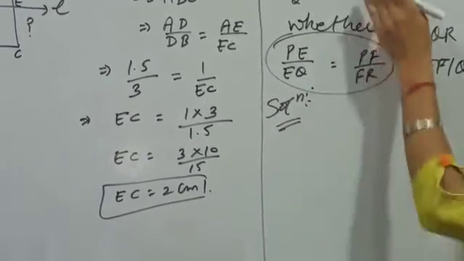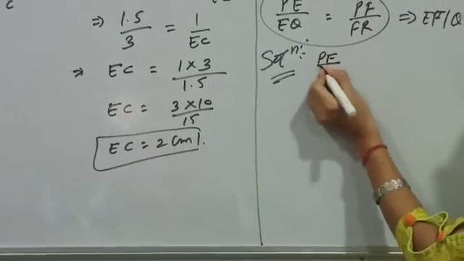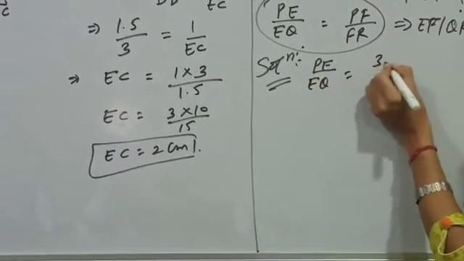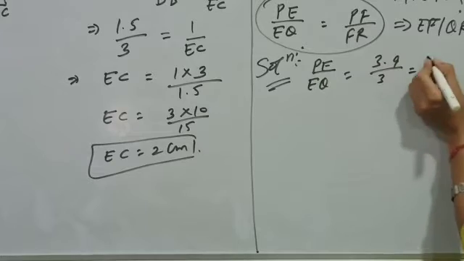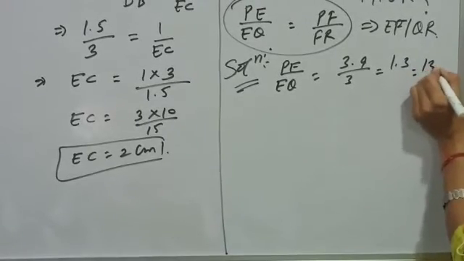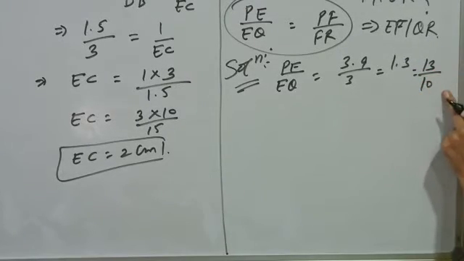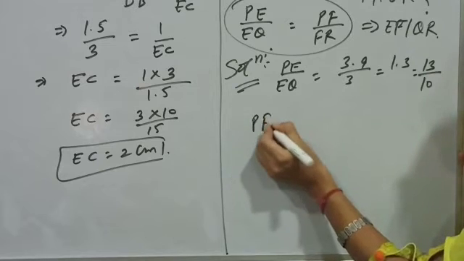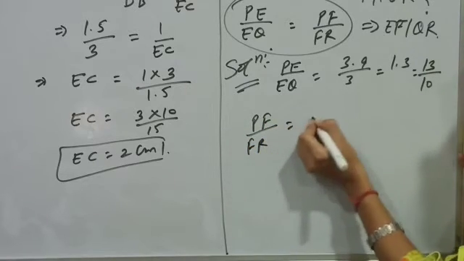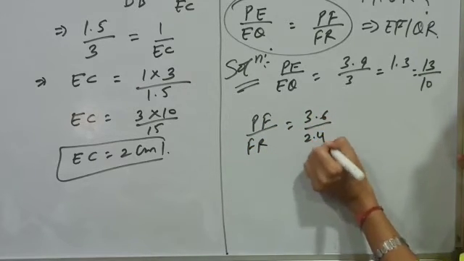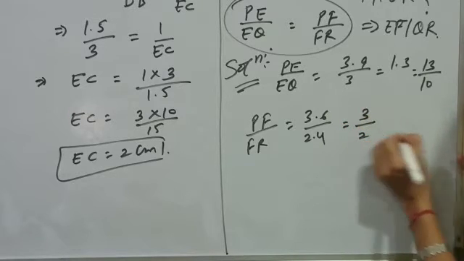PE upon EQ is 3.9 upon 3, which is equal to 1.3, or 13 upon 10. Now PF upon FR is 3.6 upon 2.4, which is 3 by 2, right?